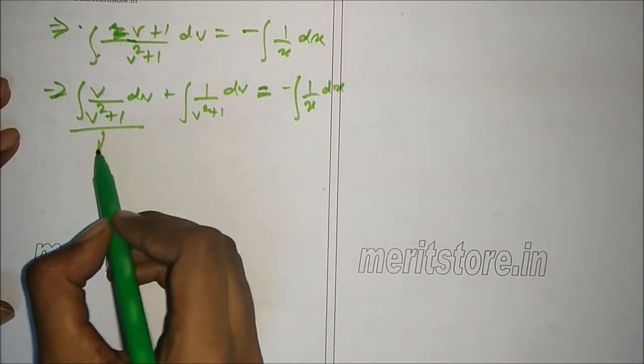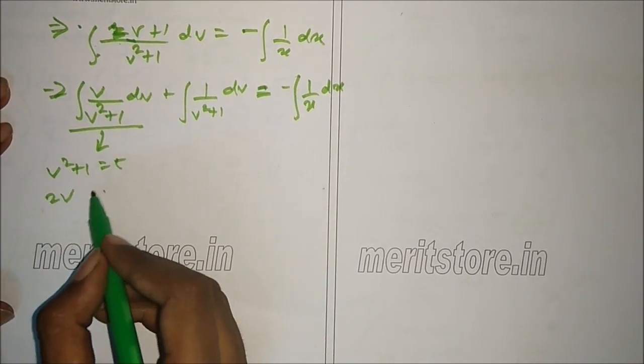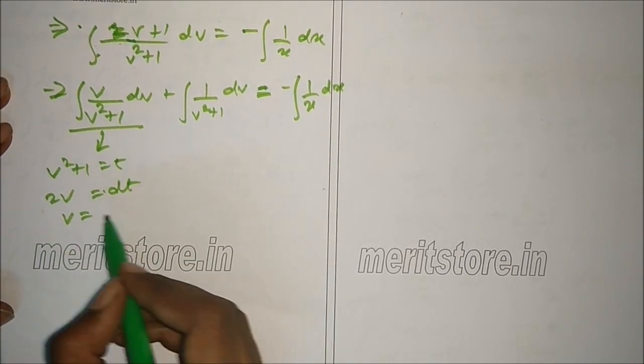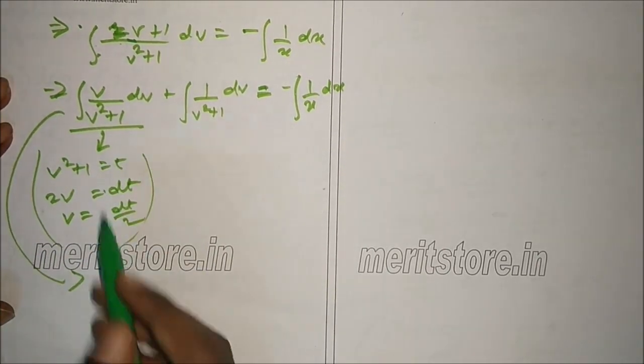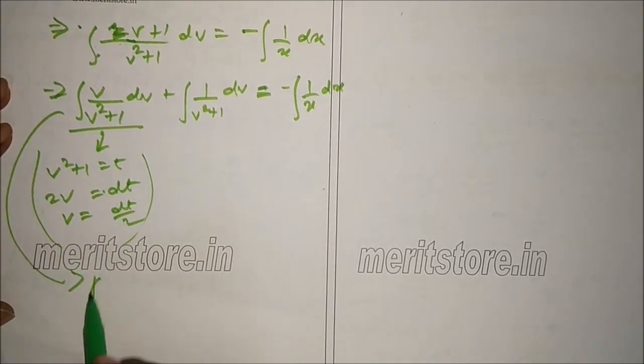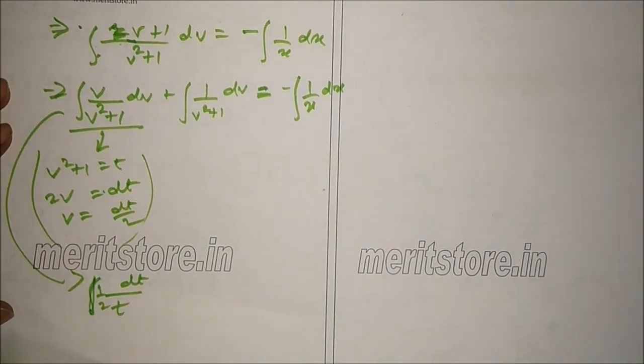So now here for this, when we put v square plus 1 equals t, so 2v dv will be equal to dt. Therefore v dv will be dt by 2. So substituting this here, v square plus 1 is t, so 1 by t, and v dv is dt by 2. So this term is simplified as integration of half 1 by t dt.